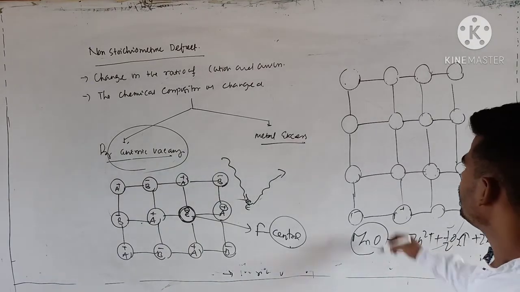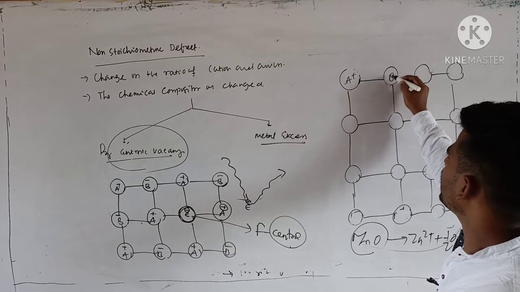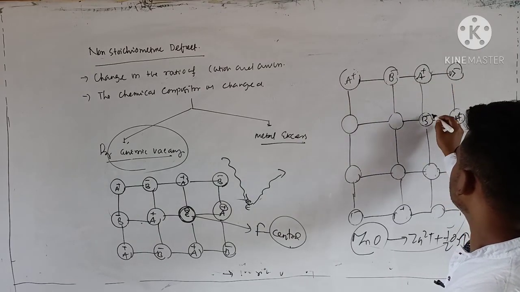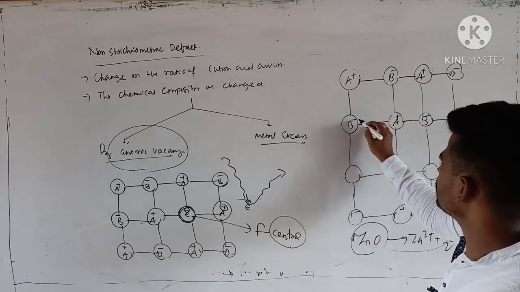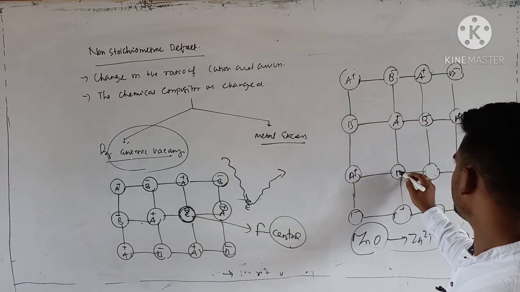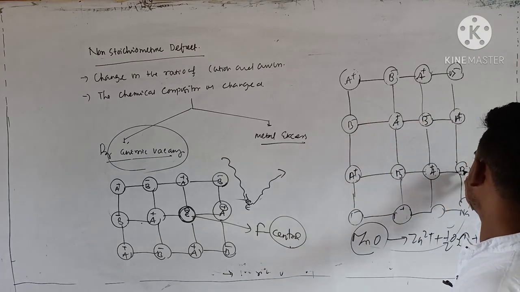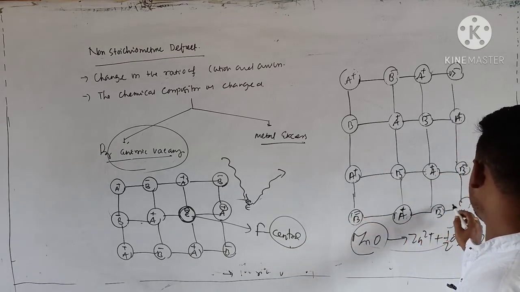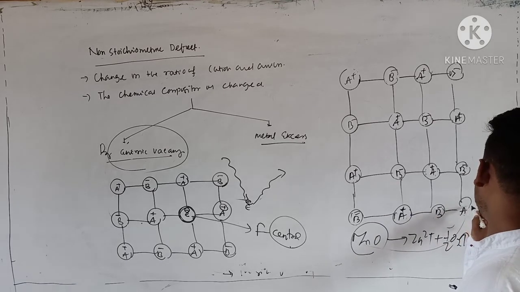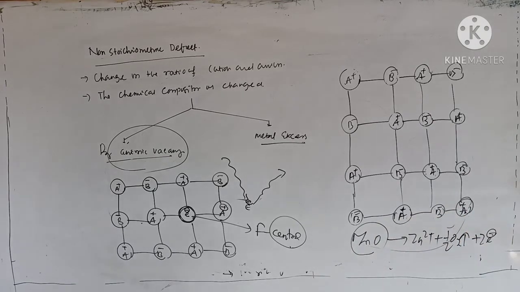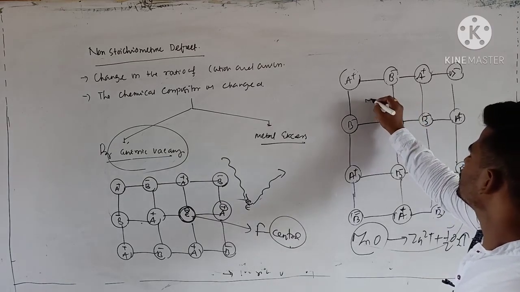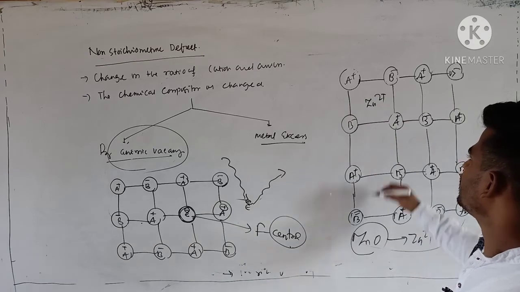Now you see the crystal is A plus B minus, A plus B minus, and so on. Suppose this Zn2 plus ion occupies an interstitial site.